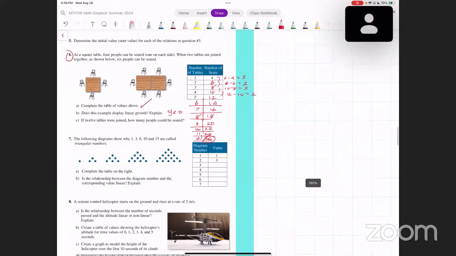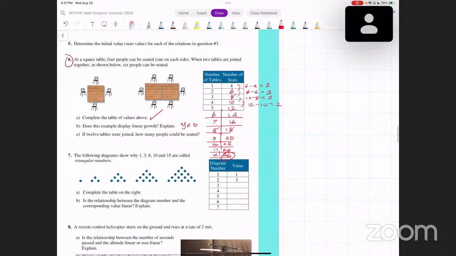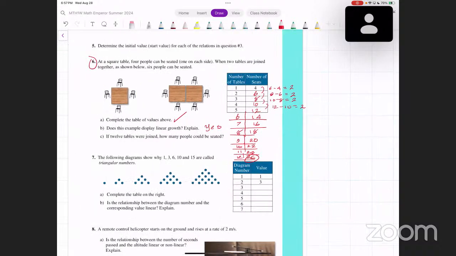If you look at the pattern, it goes up by 2 each time, isn't it? So for a linear pattern, the pattern rule goes like this.